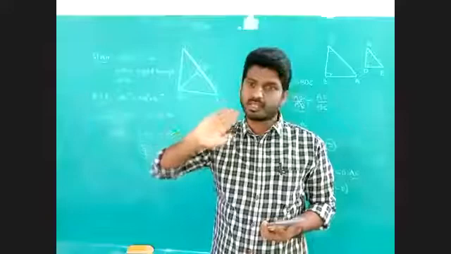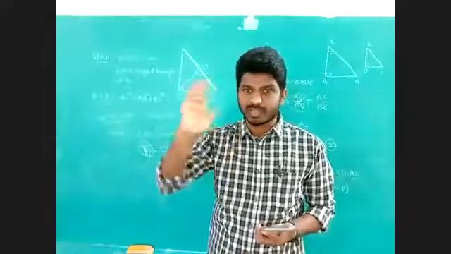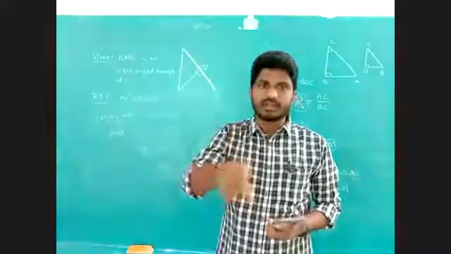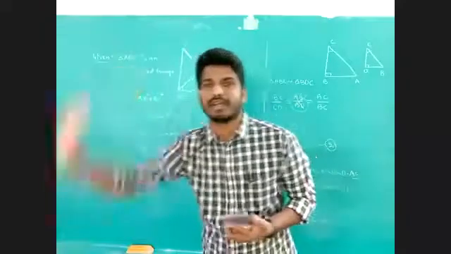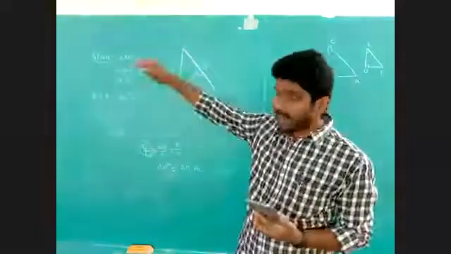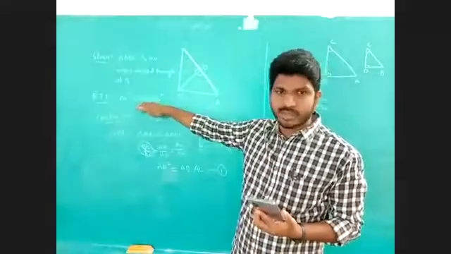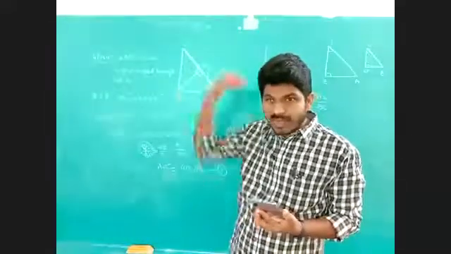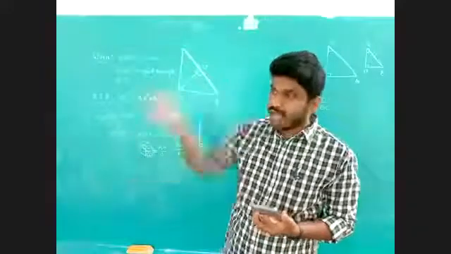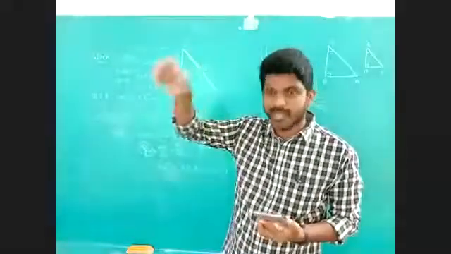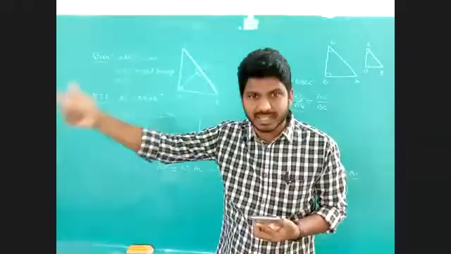Then prove that the triangle is a right angle triangle. Here, a right angle triangle is given. We proved that hypotenuse square equals base square plus height square. The converse of Pythagoras theorem says that if hypotenuse square equals base square plus height square, then prove that the triangle is a right angle triangle.